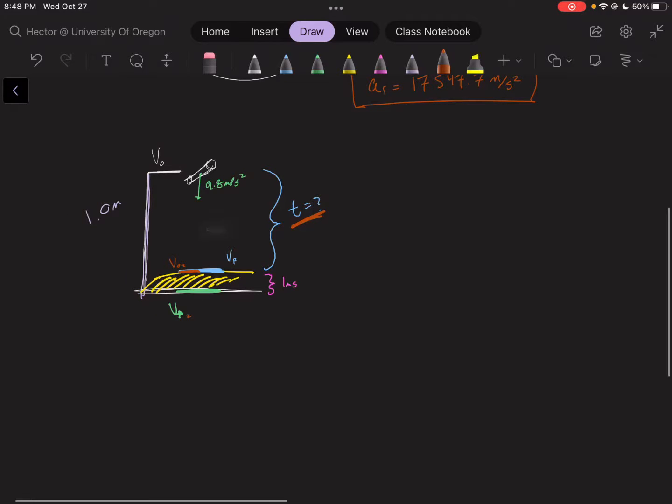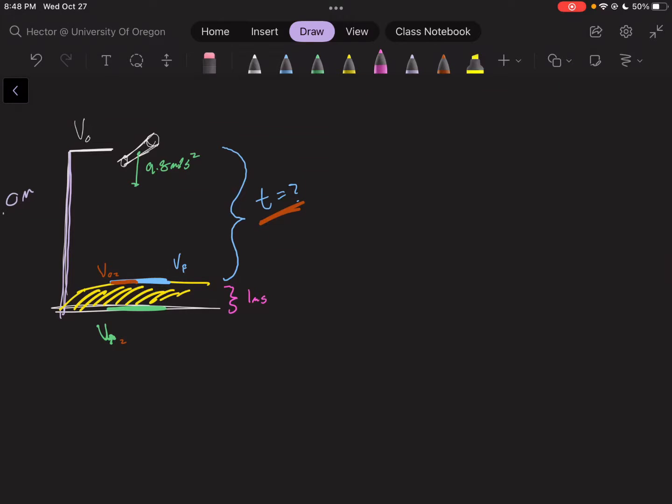So the best choice is a kinematic equation of this form: x final equals x initial plus velocity initial times time plus 1/2 acceleration t squared. I'll count this as 0 and this as the 1 meter mark, so the final position is 1 meter.